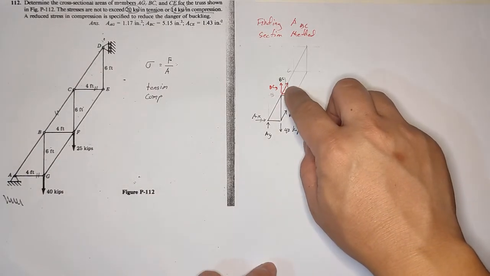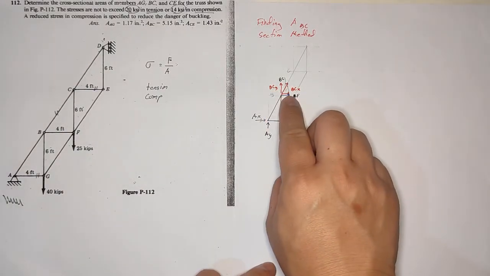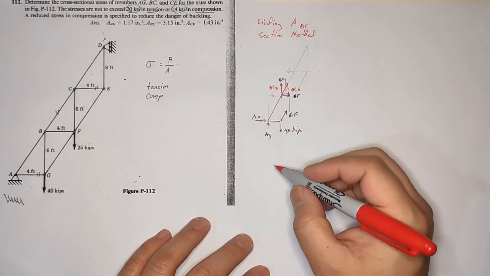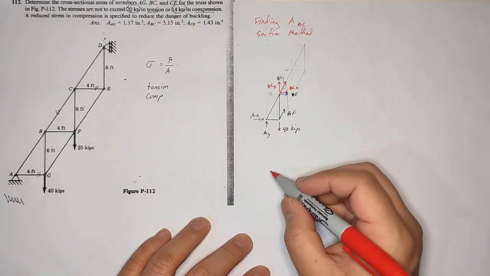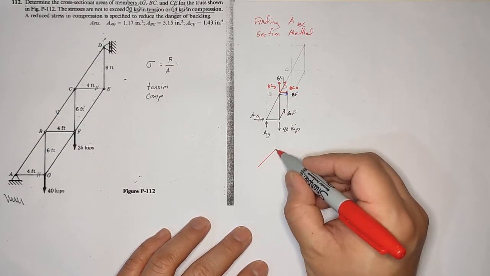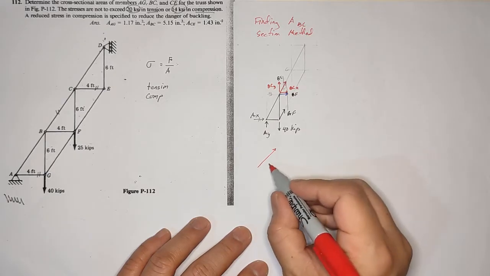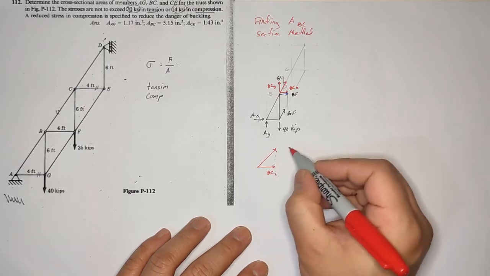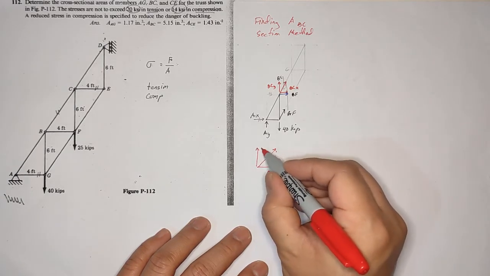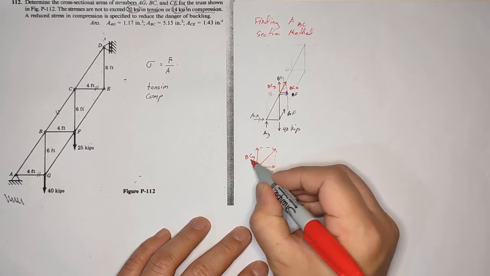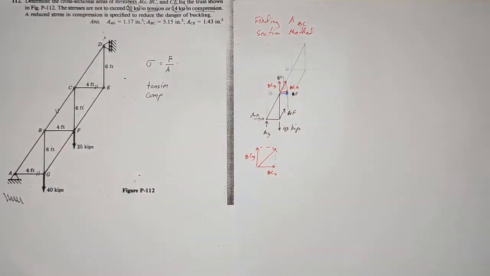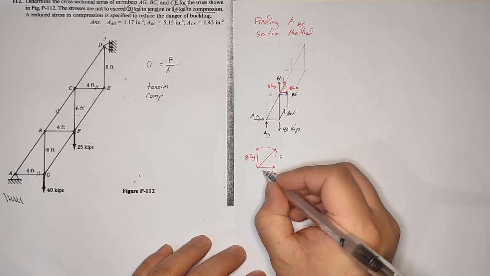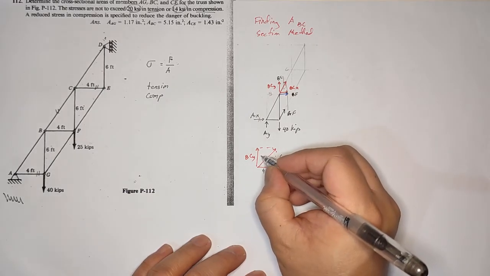So the BC, we change it into component BCY and BCX. Then the relationship of BC to BCY and BCX is like this one. So this is BC. This is BCX. And this is BCY.